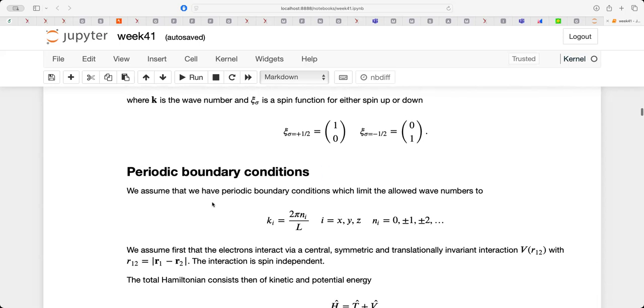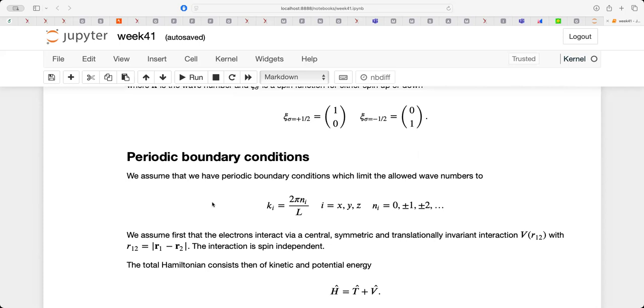And then just a quick reminder, when you look at solutions in a box, then the momenta get discretized. And these quantum numbers Ni, as we discussed yesterday, take values from 0 to, in principle, plus minus infinity. So we have a particle in a box with an infinite set of single particle states.